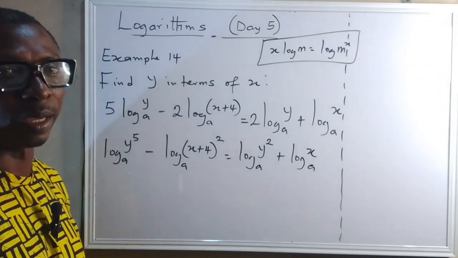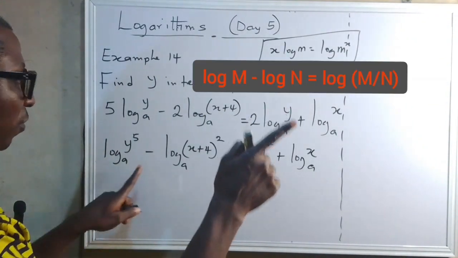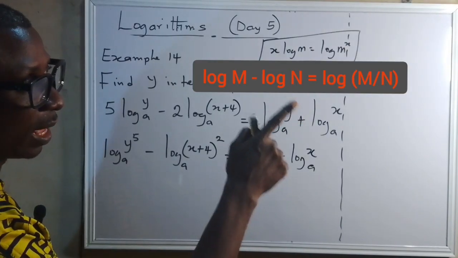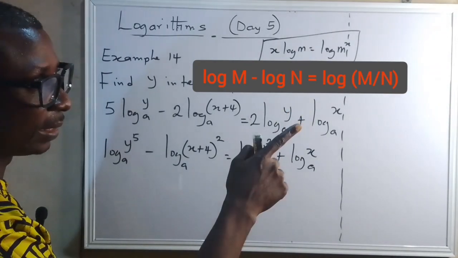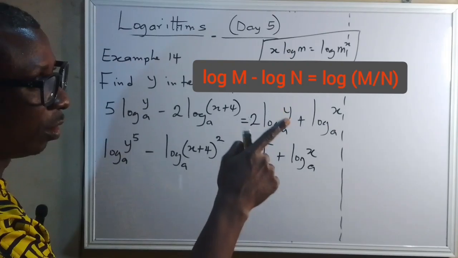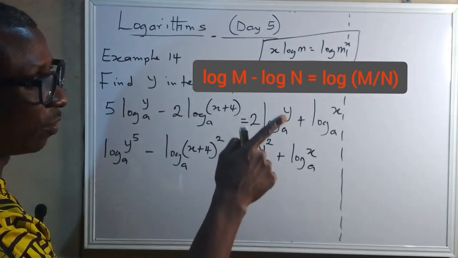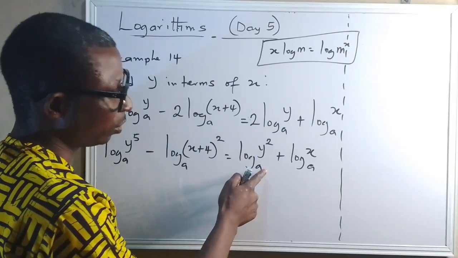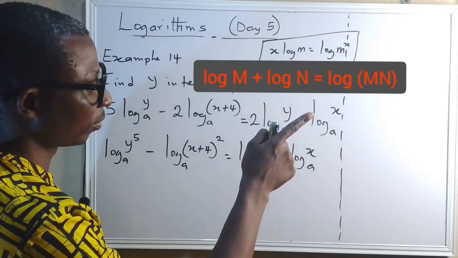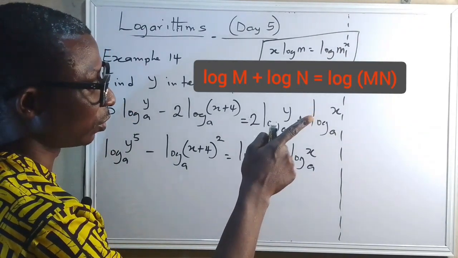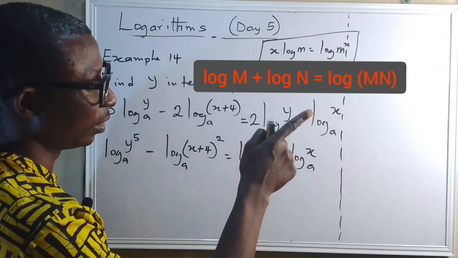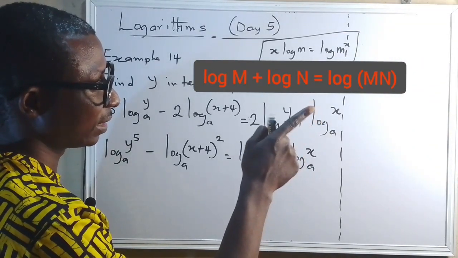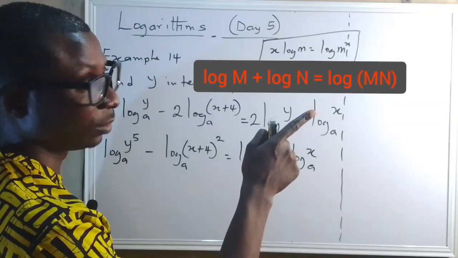Now the next step is to apply this law for the first one, right? Log m minus log n equals log m over n. And for the second one, we are going to be applying this law, log m plus log n equals log m times n. Okay, you get that?